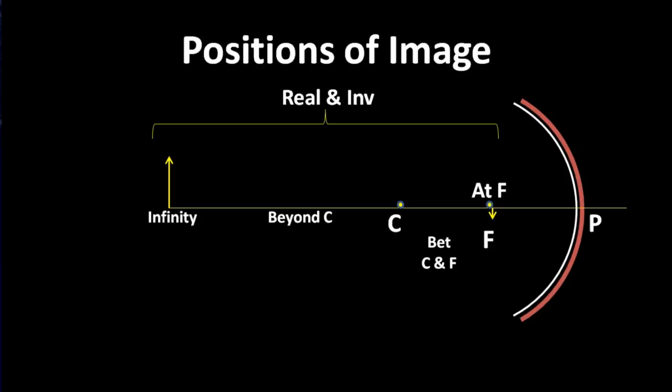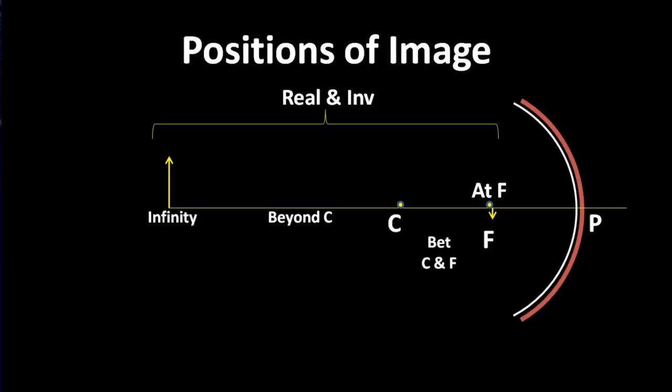Let us keep the object at the first position, that is at infinity. We observe that the image is formed at focus. The image is extremely small or point-sized. We shall now move the object to the adjacent position on the right.